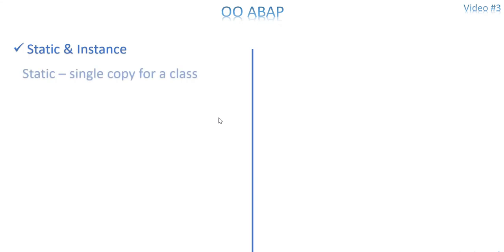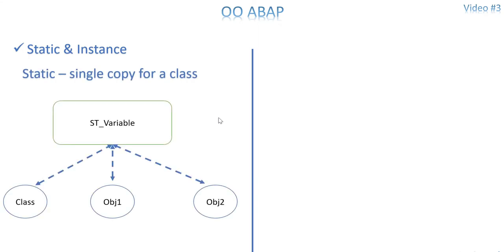So my idea is, before that, just an overview of what is static, what is instance. So static is nothing but it's going to be a single copy for a class. Wherever in the class the particular static variable is updated is going to keep the data over the particular scope of the class. Okay, that is a single copy.